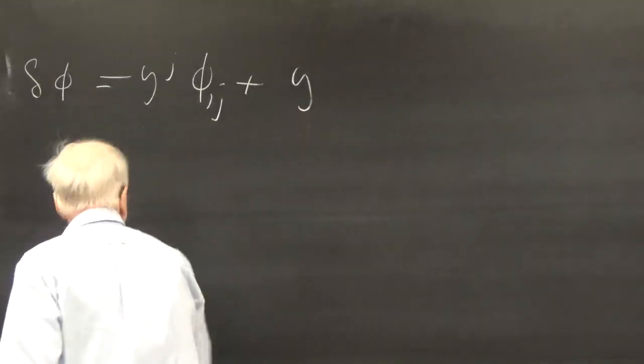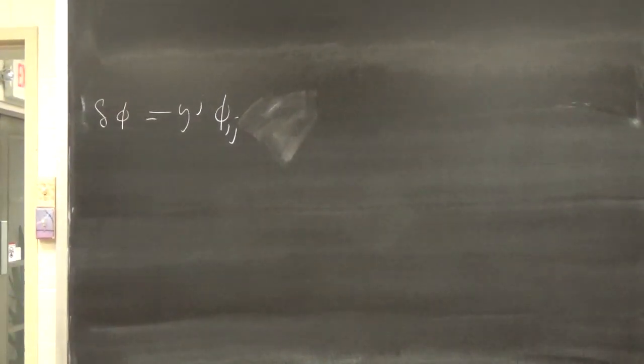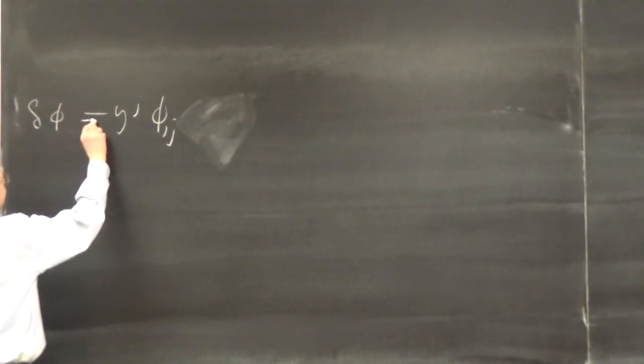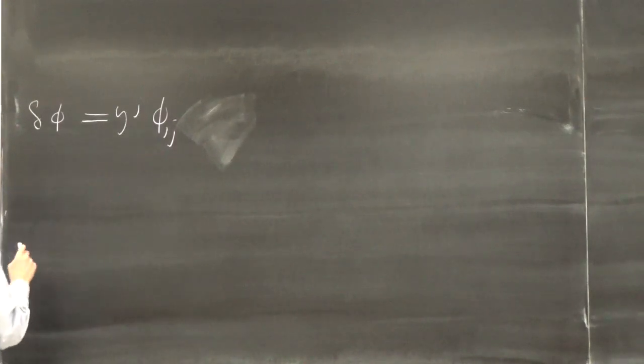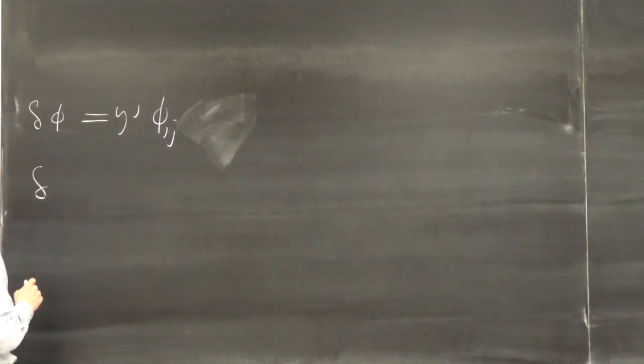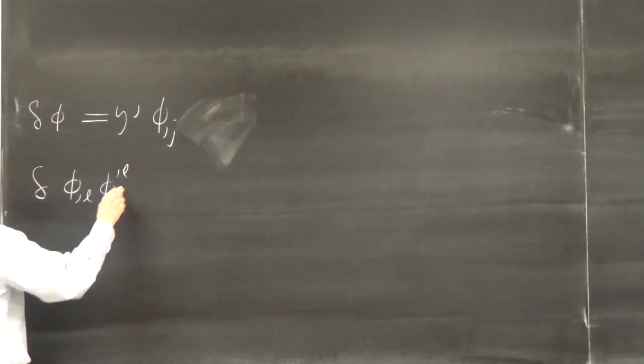All right, I think the thing is this simple. This is the change in phi. Now let's see what happens if we do this. What is the change in phi comma L, phi comma L?